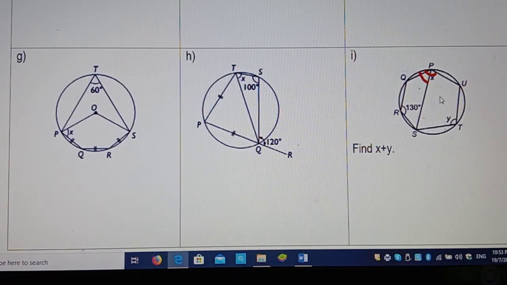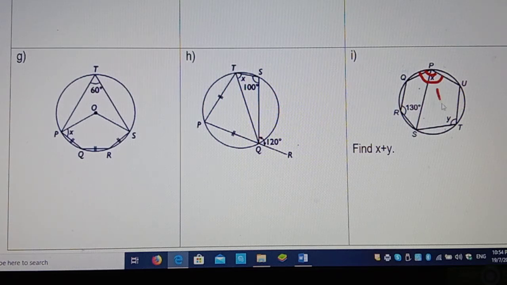So you can try to find what x plus y equals. x plus y equals 180 plus 50, so you get 230.